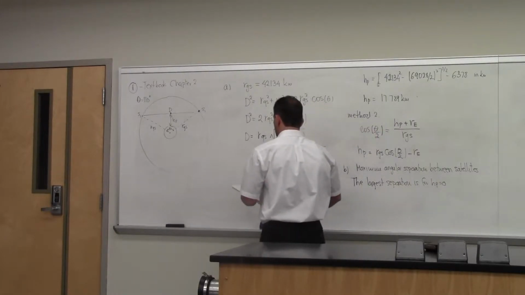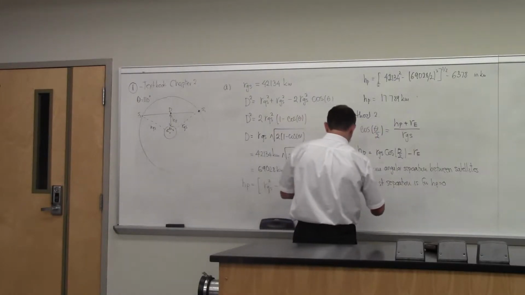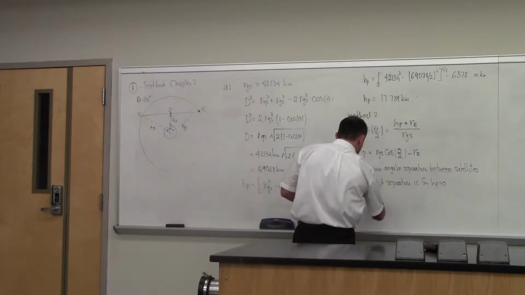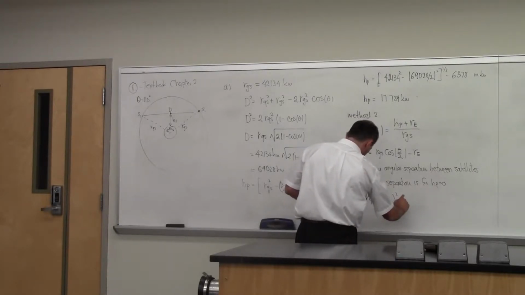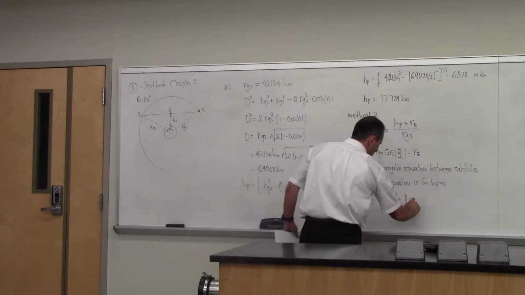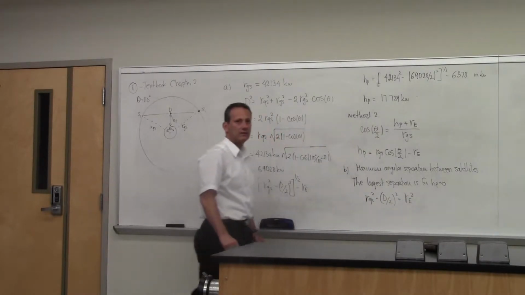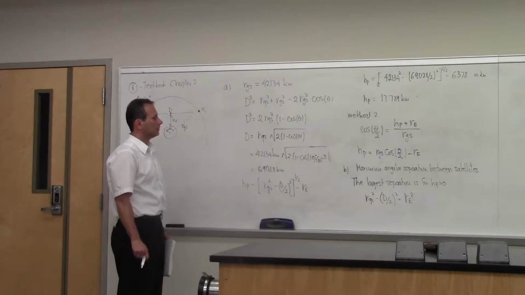And if you have HP equal to 0, then you have RGS squared minus D over 2 squared is equal to RE squared, because you still have to have the radius of the Earth.